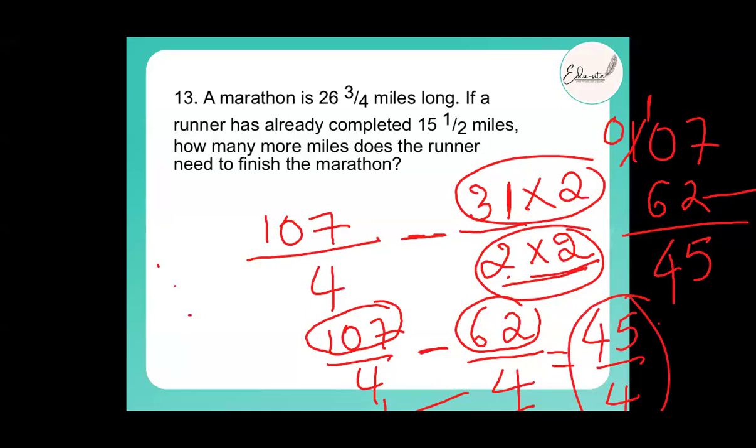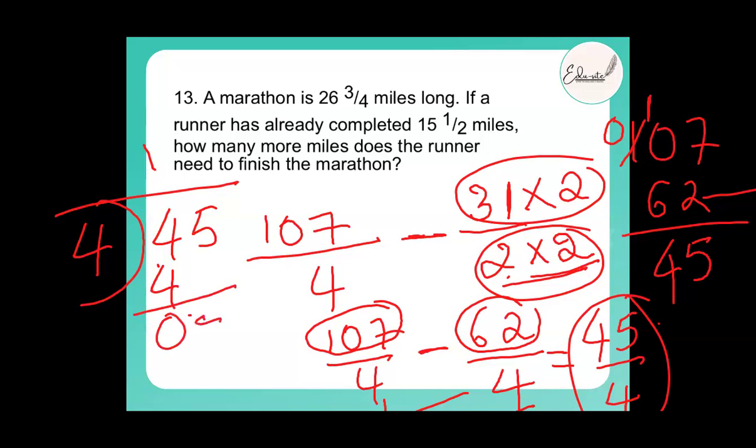You can convert it into a mixed fraction by using division of 45 by 4. 4 1 times is 4, 5 is here, 4 1 times is 4, 1 is the remainder. So it is 11 and 1 by 4 is your final answer. 11 whole and 1 by 4 fraction.